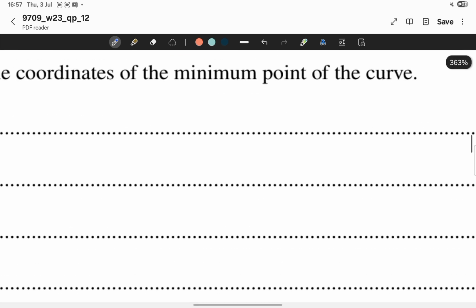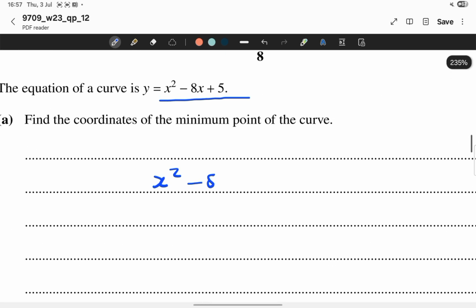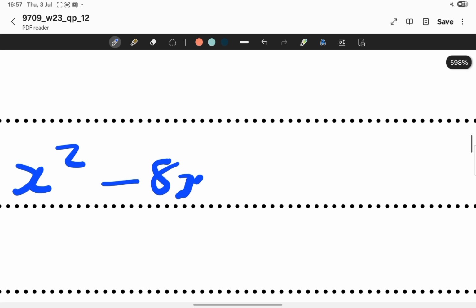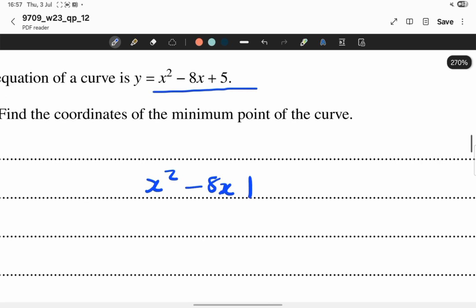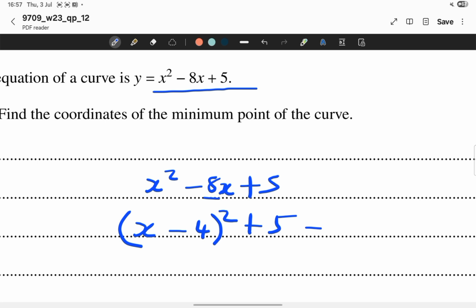So then we write x squared minus 8x plus 5. In completed square, it will be x minus half of this, which is 4, squared, plus 5 minus the square of this, which is 16.